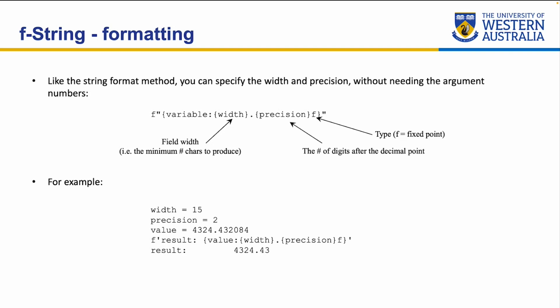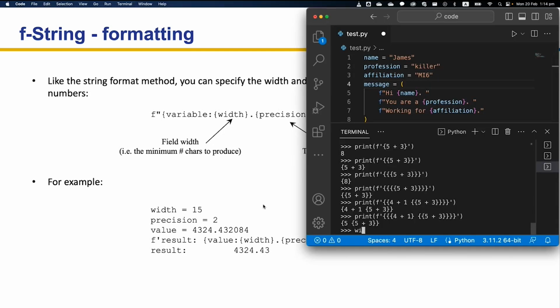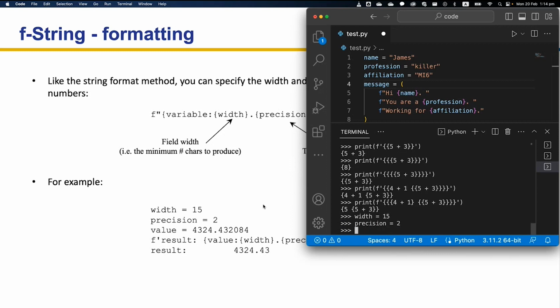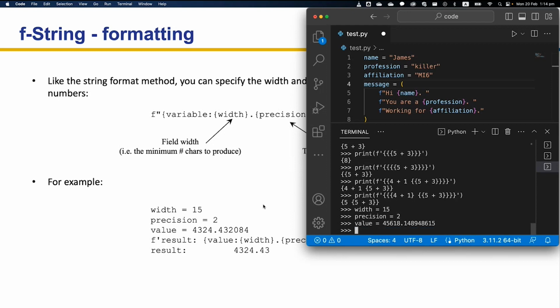And also decide the number of precision, the number of decimal points you want to display if it's a value that contains decimal numbers. So here's some examples down here. Width equals 15, precision equals 2, value equals some number, right? Some big number.